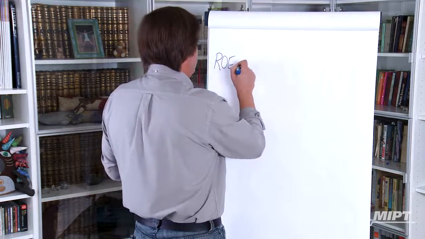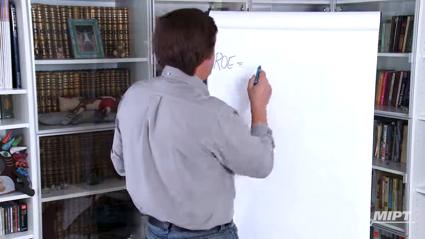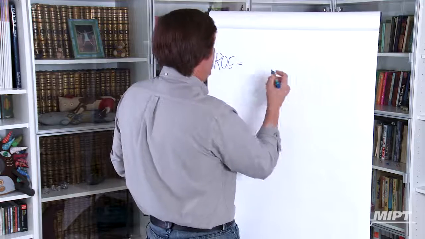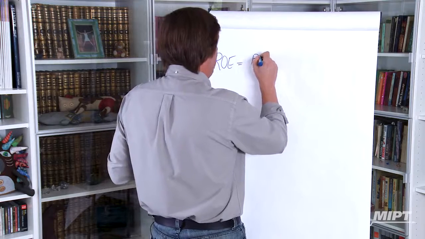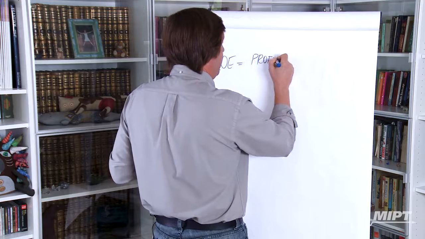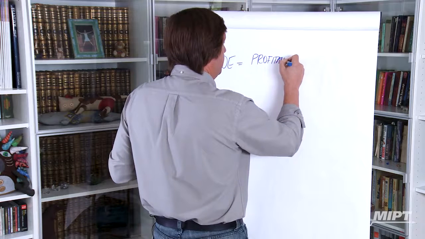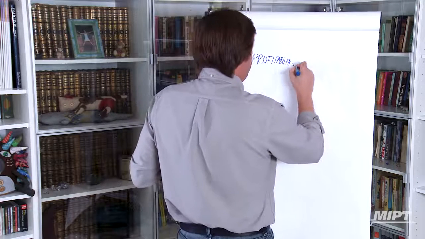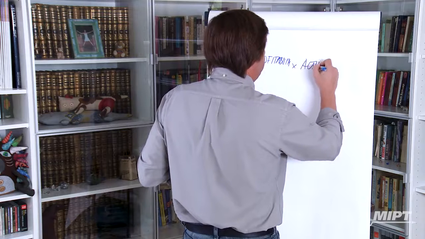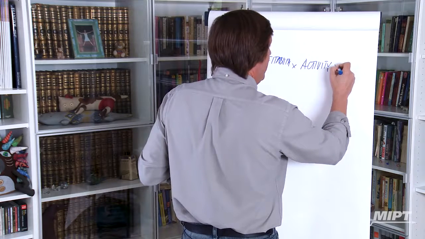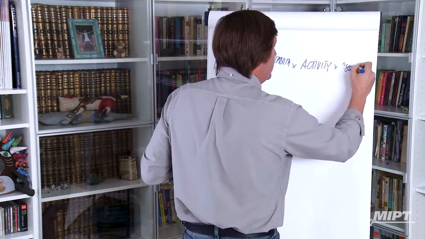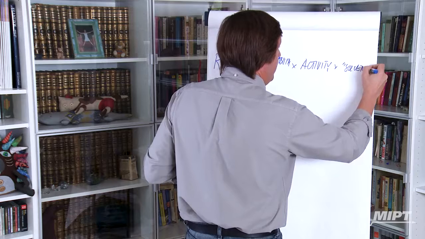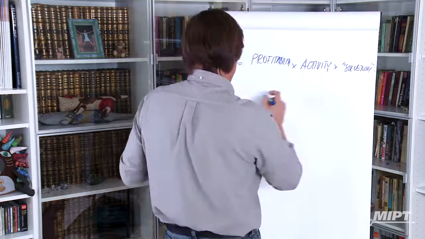So return on equity can be thought of as the combination of three things. So this is profitability, then times activity, and then times "solvency." I put that in quotes because you will see what I mean.